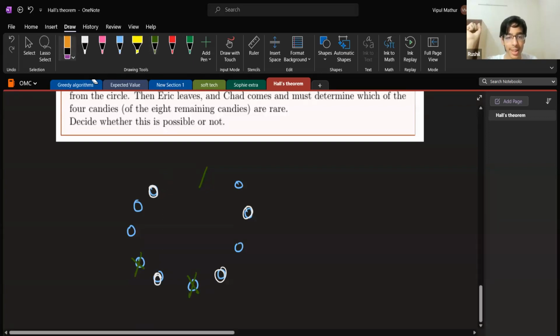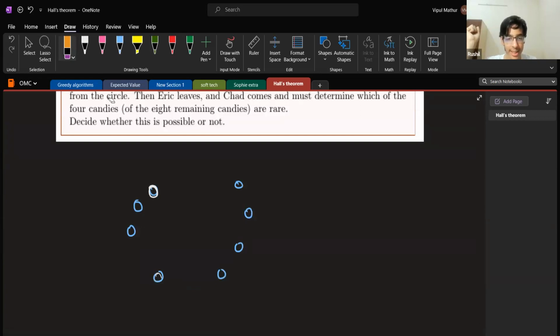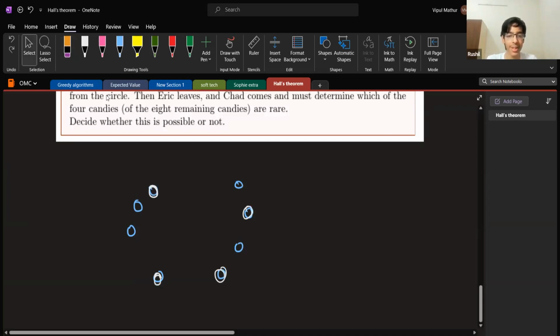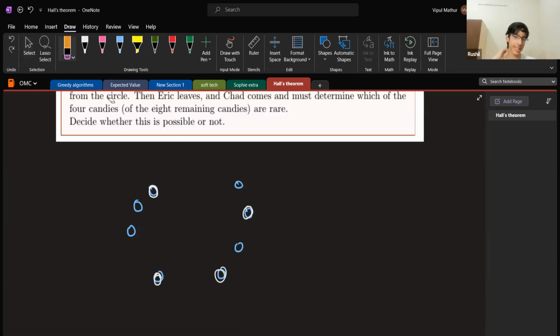Now when my friend walks in, he only sees these eight candies arranged, and he needs to predict that the four rare candies are the ones that they were. So he has to somehow figure out those four, seeing only these eight things.